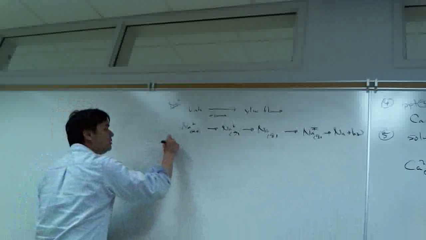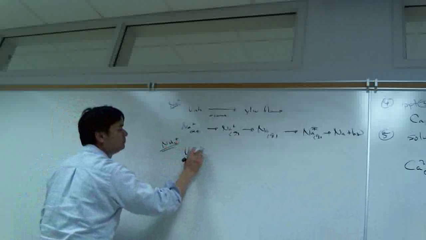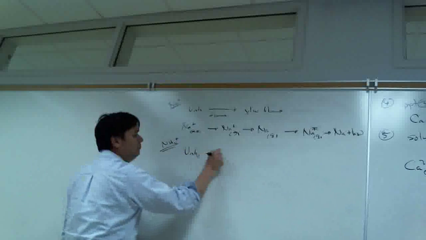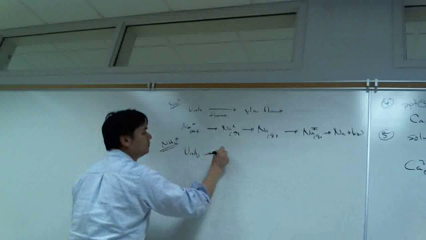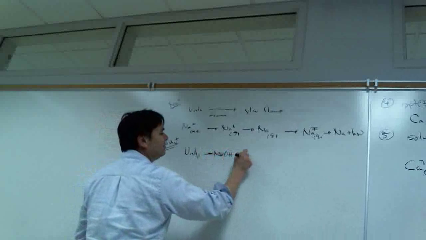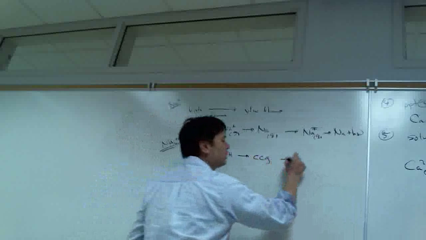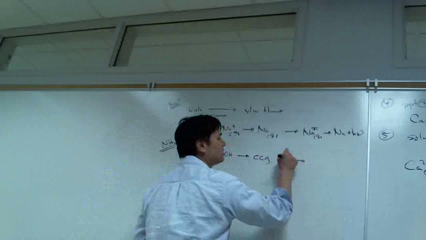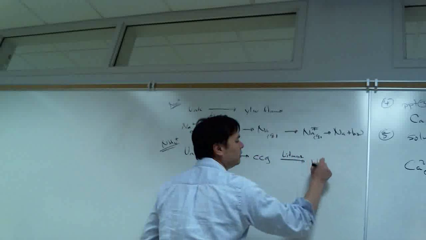And then the last one we had was the ammonium ion test. If your unknown contains ammonium, and then we add some sodium hydroxide to this, we generate a CCG, a clear colorless gas. The clear colorless gas we test with litmus, and we end up with blue litmus.